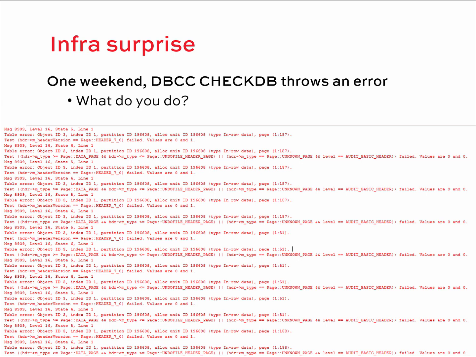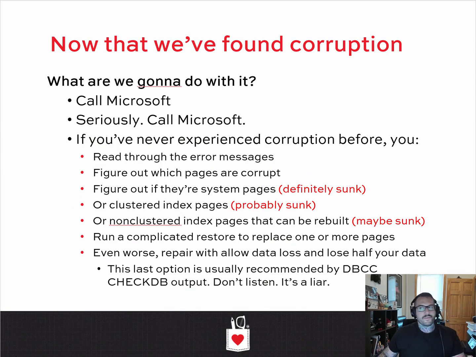If you're a DBA by yourself and you've never dealt with corruption, you should just call Microsoft. For $500, assuming you're in Microsoft's support good graces and you've paid all your bills, they're not going to look and find out that you're running developer edition on your production server. They will help you read those error messages, figure out which pages are corrupt, and figure out if they're system pages and say, get off this server, or start migrating data off to another server.